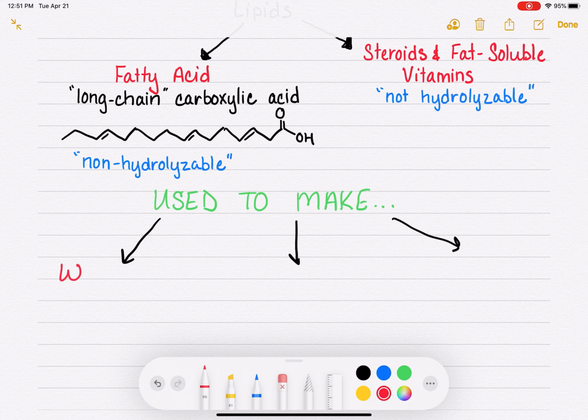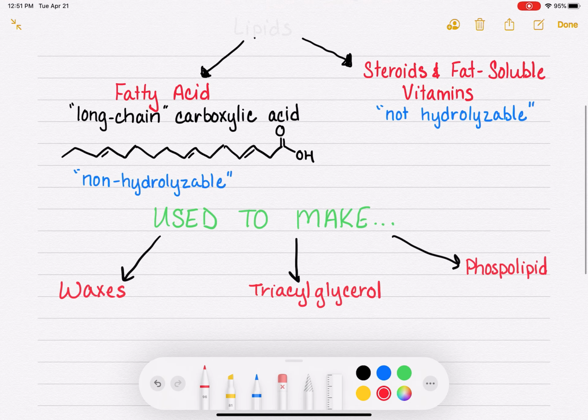One is a wax. The other is a triacylglycerol. And the third type is a phospholipid.